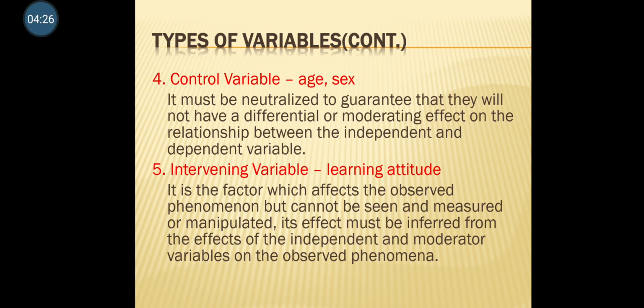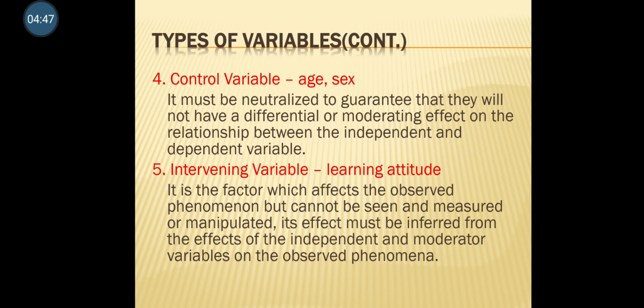He may select either boys or girls in order to compare their achievement result. So the control variables are the variables which have an effect on the dependent variable, but they should be neutralized by the researcher in order to get the accurate result.